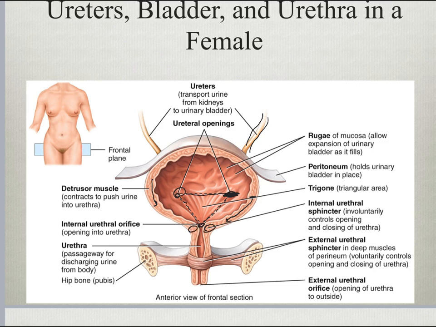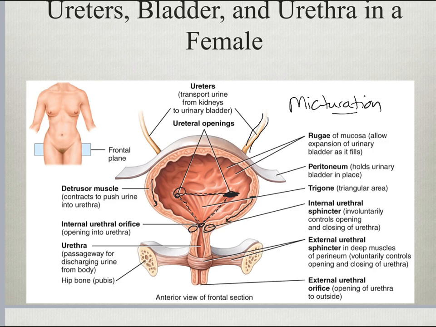This little ring of muscle is our internal urethral sphincter. It is involuntary. It is smooth muscle. It's going to open and close based on a reflex of what's going on with the filling or the emptying of this bladder. The reflex that we're talking about is known as the micturition reflex. And we're going to go through this on the next slide.